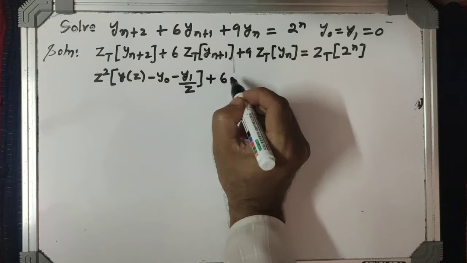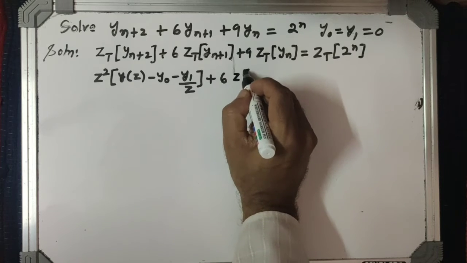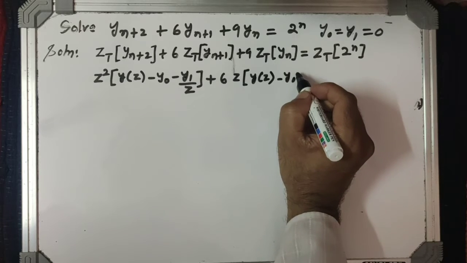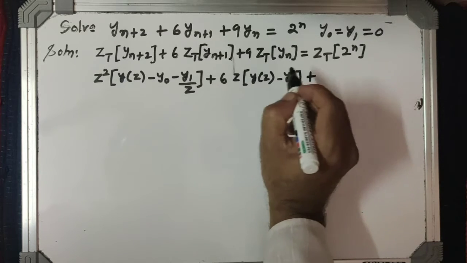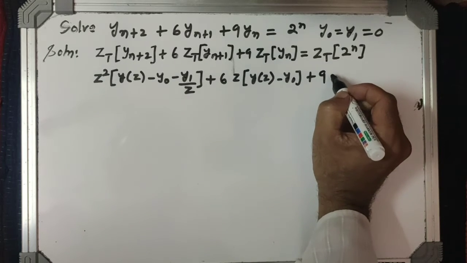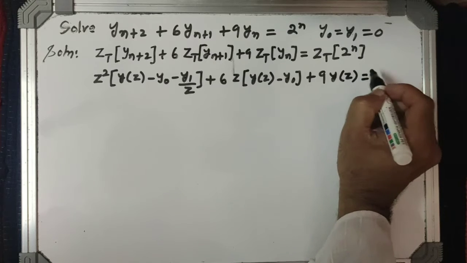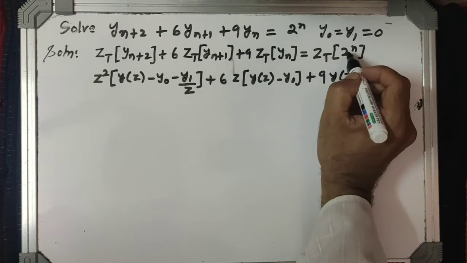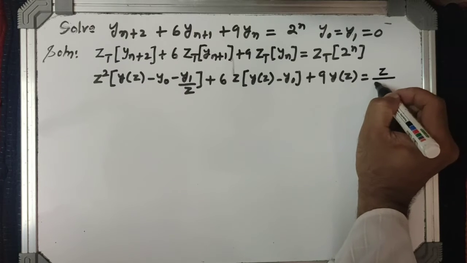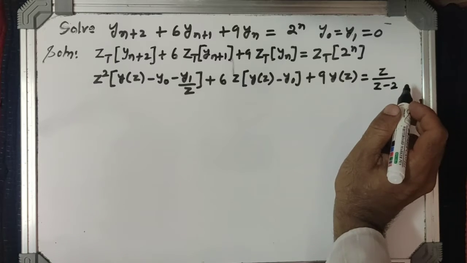Plus 6 times the Z transform of y(n+1), which is Z into Y(Z) minus y0, plus 9 into the Z transform of the sequence y(n), which is Y(Z), which is equal to the Z transform of 2^n, which is Z by Z minus 2.